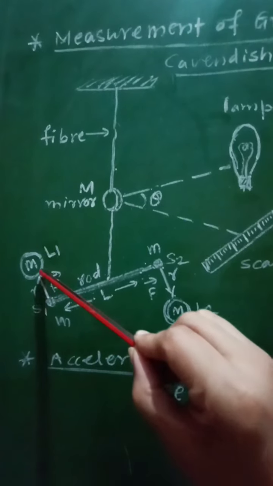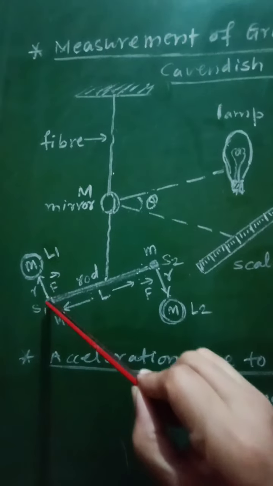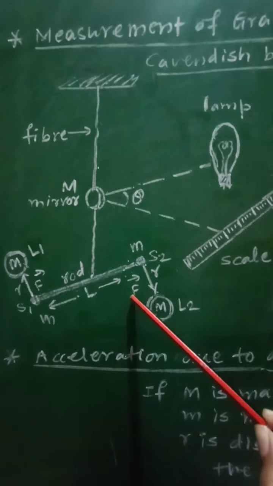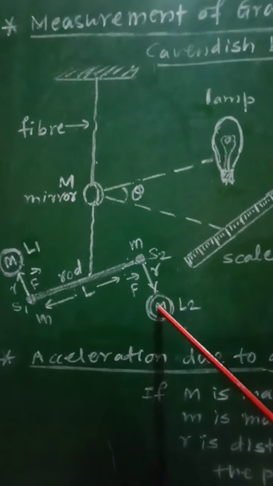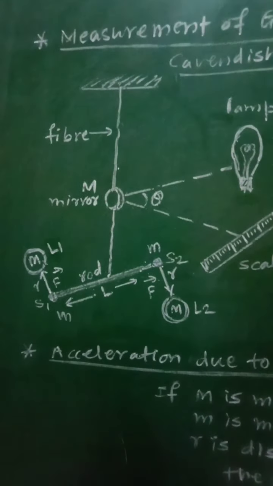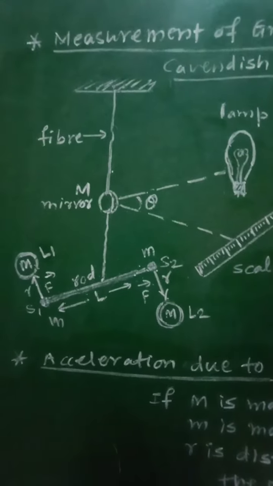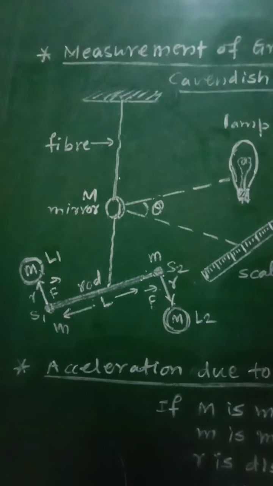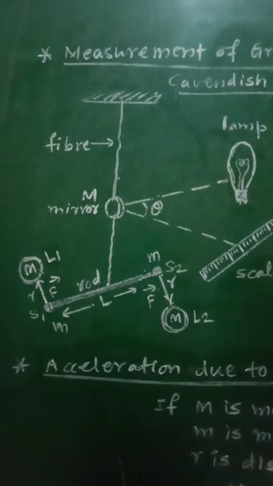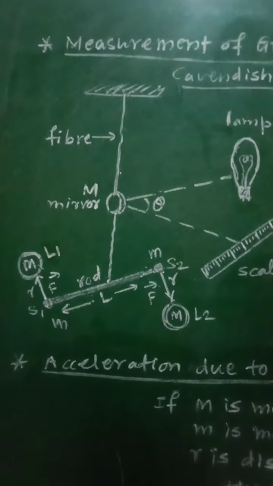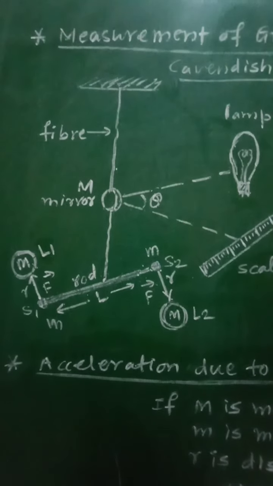It will be towards L1. Now the second force, F, will be towards L2. These two forces will be equal in magnitude and opposite in direction, and they are acting at two different ends of that rod. Let F be the force of attraction between the big and small spheres.